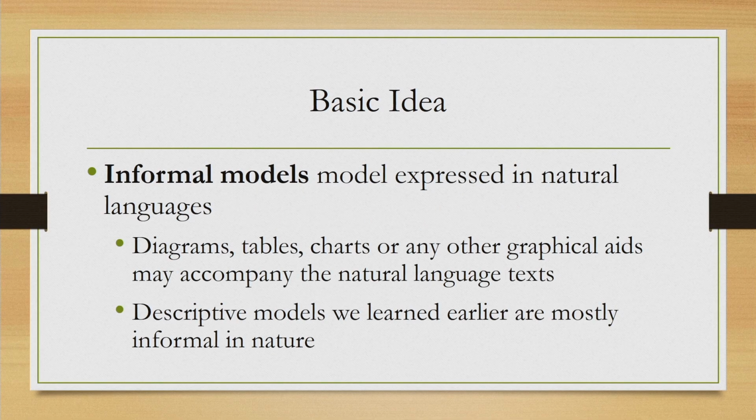The first one is the informal model. In these models, we express the theoretical view using a natural language. For example, if we are explaining the behavior of a software using some natural language text, which may or may not be accompanied by diagrams, tables, charts or other graphical aids, then we call it an informal model.